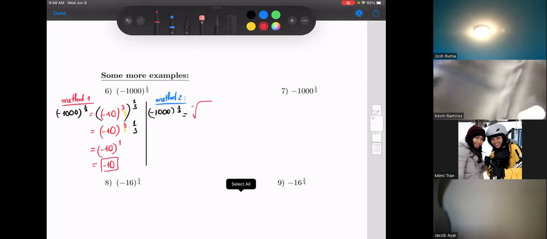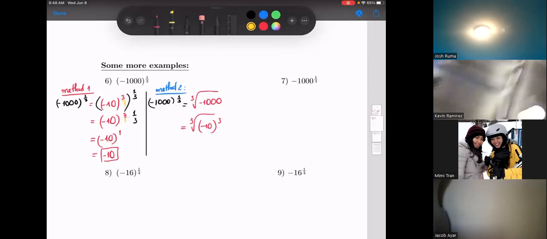Cube root of negative 1,000. What is the cube root of negative 1,000? Well, negative 1,000, like I said, is the same thing as negative 10 to the 3rd, right? And then you can cancel. So just negative 10. Which one do you like better?